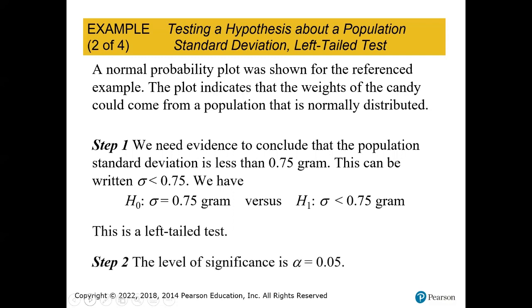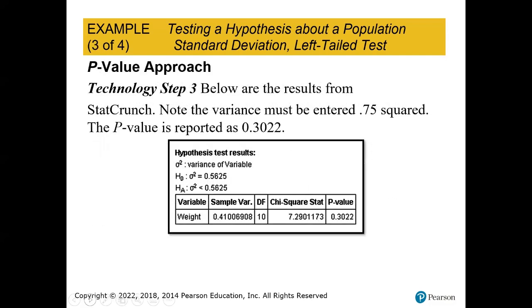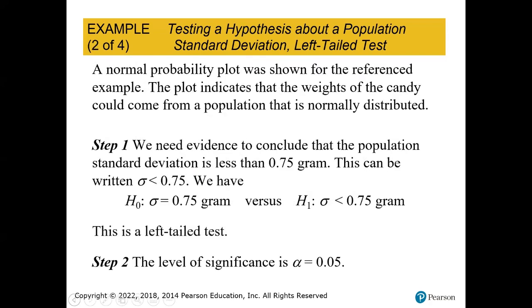Now, there's one thing we have to do here. When we use variance stats, we are testing the variance. It is setting it up in terms of the variance. Variance is standard deviation squared. So we have standard deviation. That is totally fine in how we write our hypotheses here.